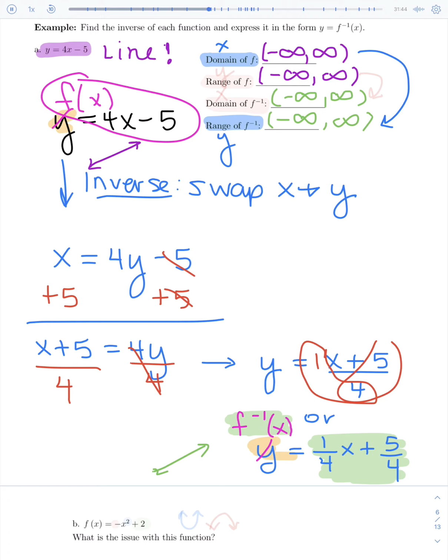Which also means that the range of the original function, the y values, would become the domain in the inverse, which is the x's. So if you didn't know what the inverse even looked like, you should be able to just copy that the domain becomes the range of the inverse, and the range becomes the domain of the inverse, because you're swapping your x's and your y's. It's pretty neat that you can do that.